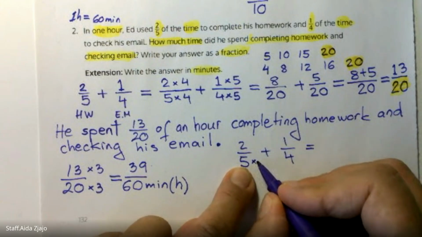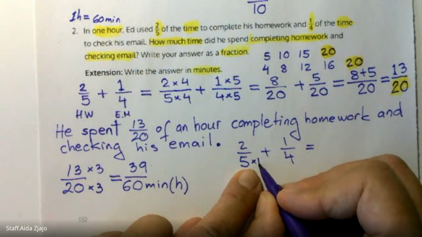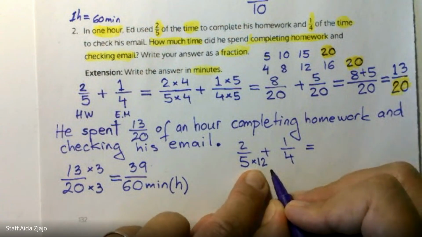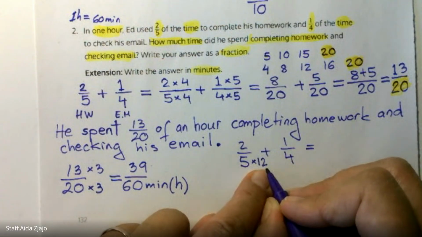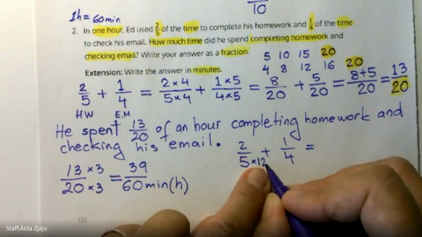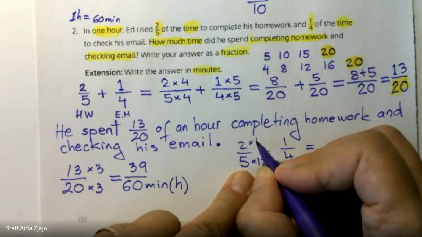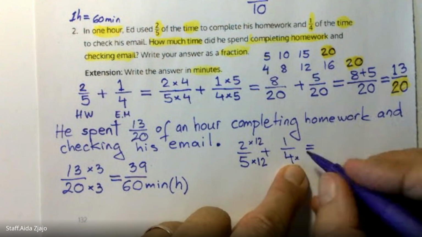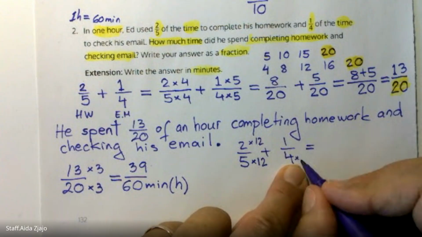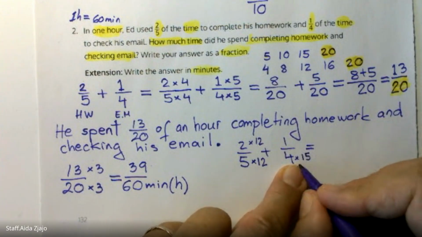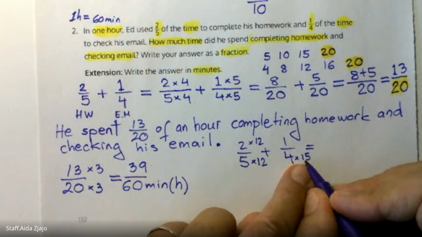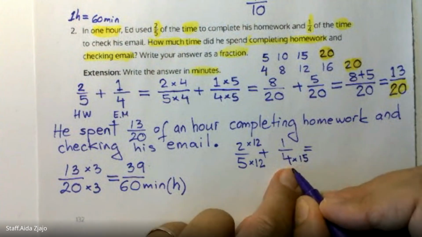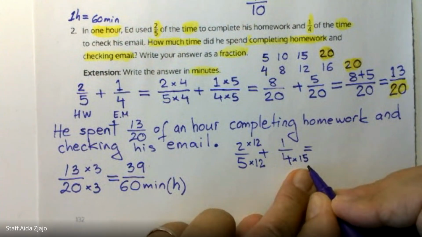If I multiply by 12, then 5 times 10 is 50, and 5 times 2 is 10. So that will be 60. And then also 4 times 15 is 60, because 4 times 10 is 40, 4 times 5 is 20, so 40 plus 20 is 60.